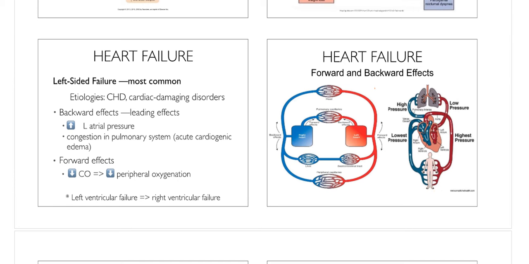resistance. We're going to have so many capillaries, so many miles of vasculature that we have to be able to pump blood through to reach all areas of the body. So that's where we need the highest pressure.